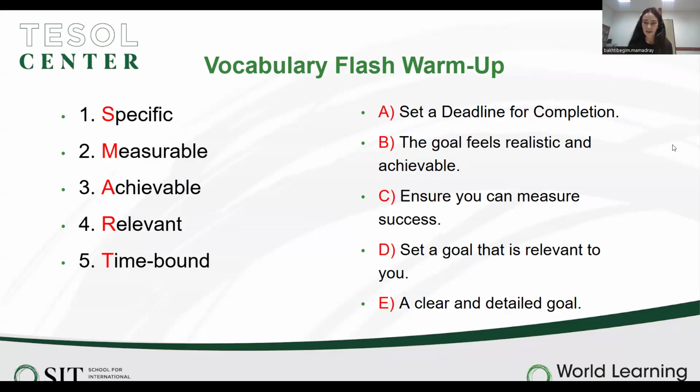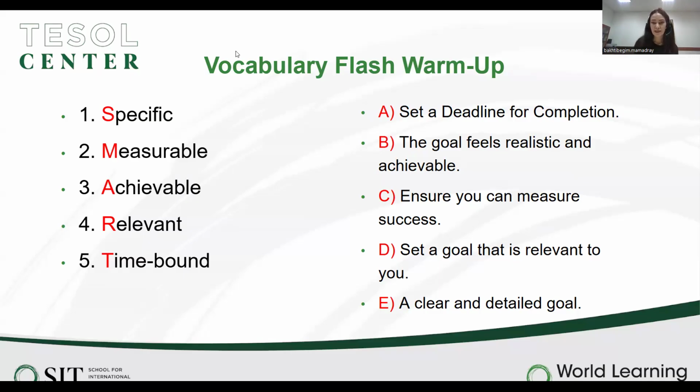Yes, Farzona. One is A, specific. Yeah, one is E. Yes, yes, you are right. Specific means a clear and detailed goal. Any other idea? What about Mahinahon? 2 is B, measurable.